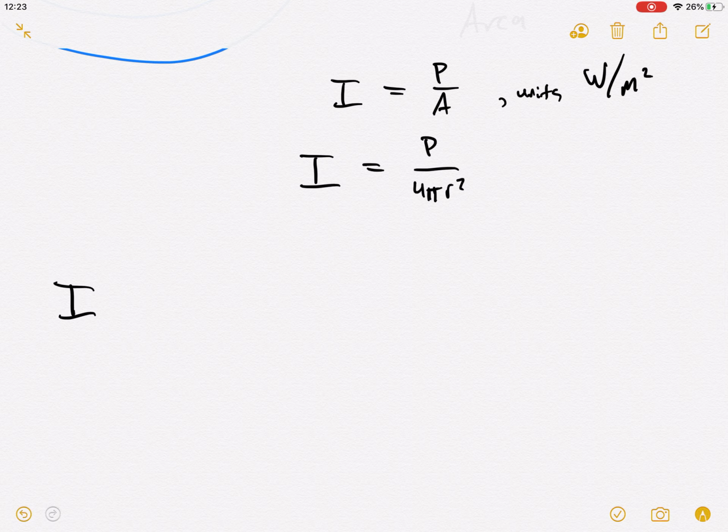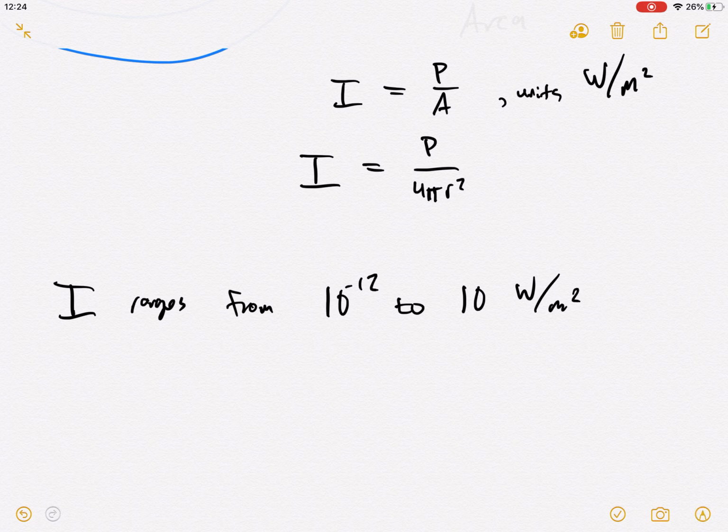So intensities, we'll say I ranges from 10 to the minus 12 to 1, 10, or 100. We'll just say about 10 watts per square meter.